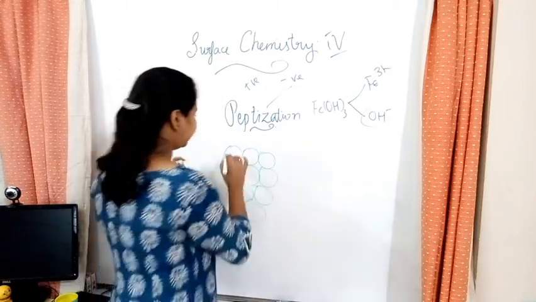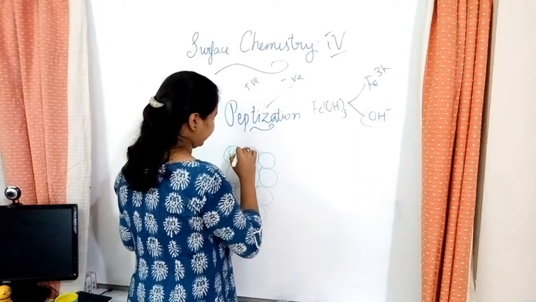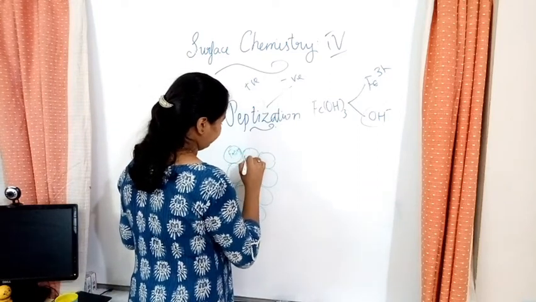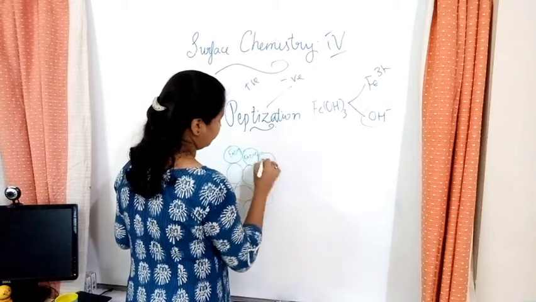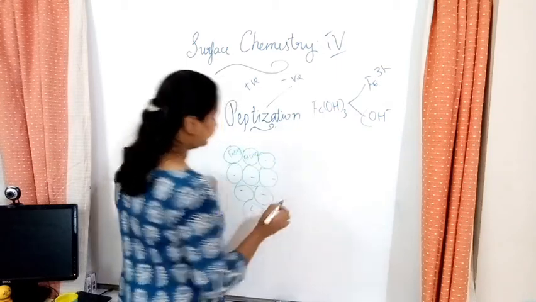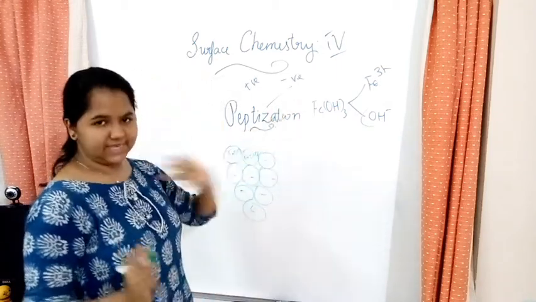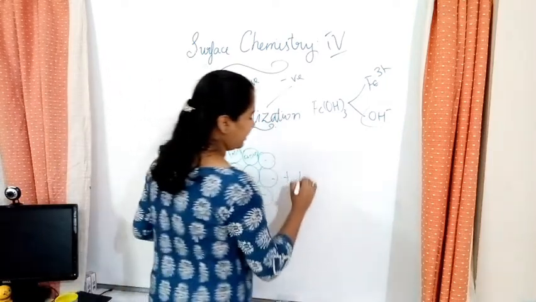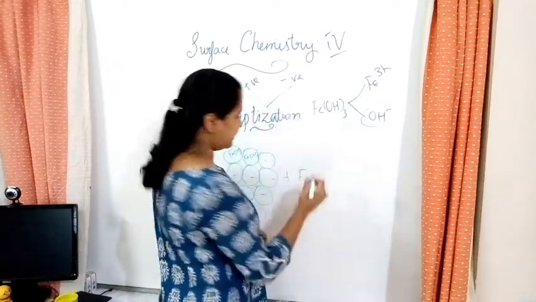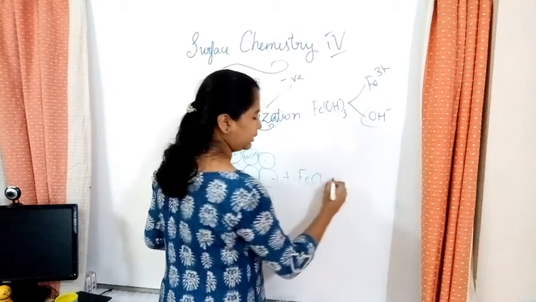Okay, these are Fe(OH)3. Everything is Fe(OH)3, okay? When this peptizing agent is added, taking the first example, FeCl3, what will happen?